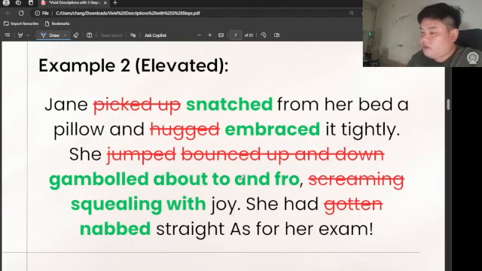So why would I use the word nabbed, all right? Ultimately, it depends on you. What sort of choices you want to make, okay? Because whenever we write narratives, the word choices that we make can affect our stories very, very heavily. In this case, the reason why I use the word nabbed is because the word nabbed means to steal something. That's its root meaning.